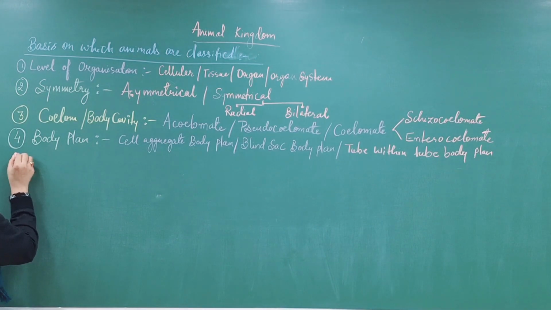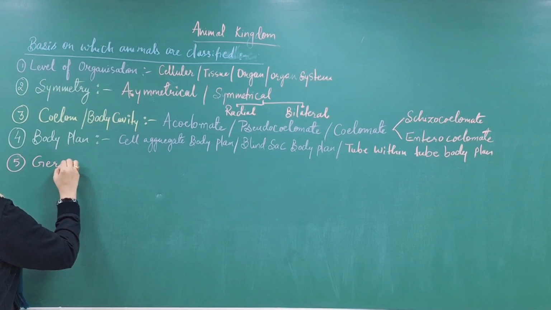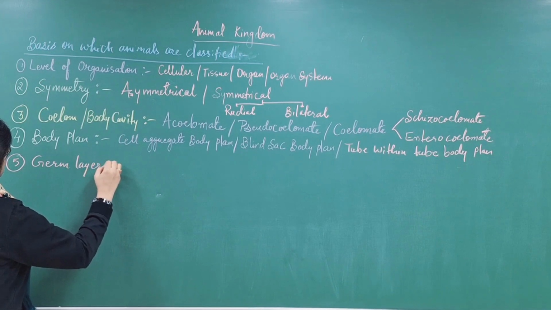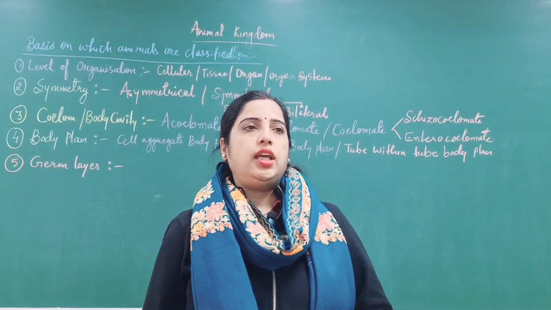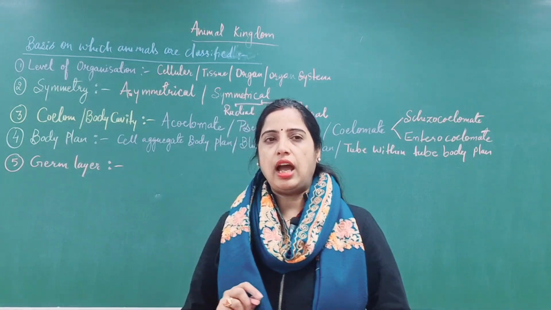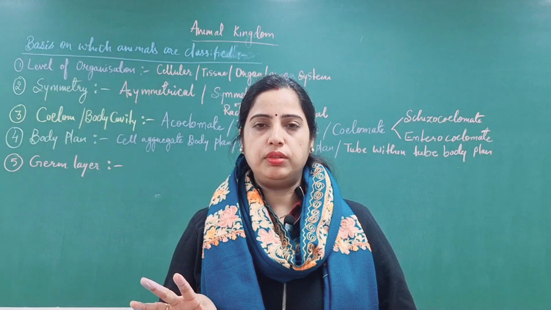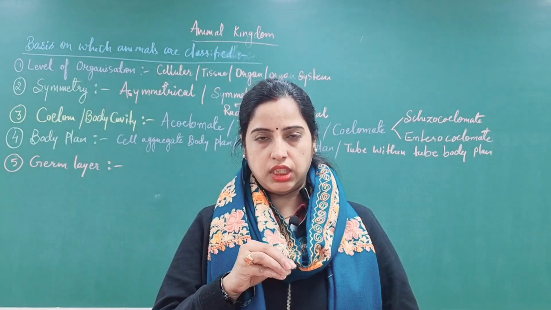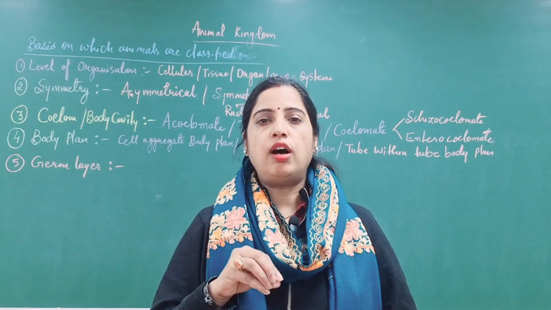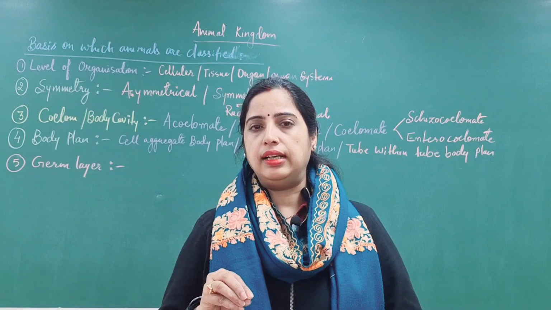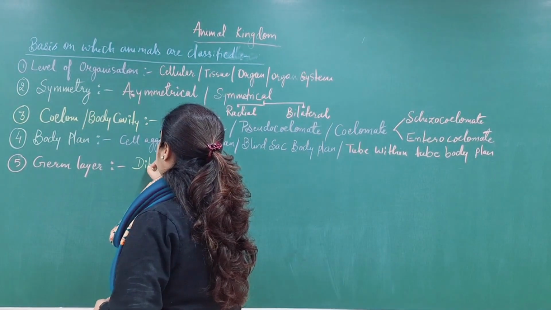Now the next one is the germ layer. During embryonic development, if the two germ layers are prominent, that is the endoderm and the ectoderm, and in between there is not a mesoderm, rather patches of tissue called mesoglea, then those organisms will be termed diploblastic.